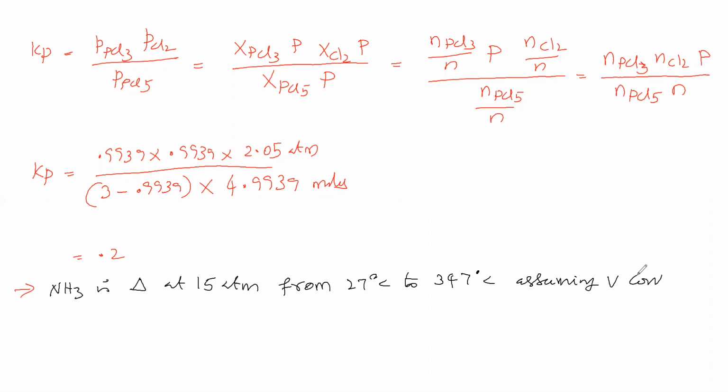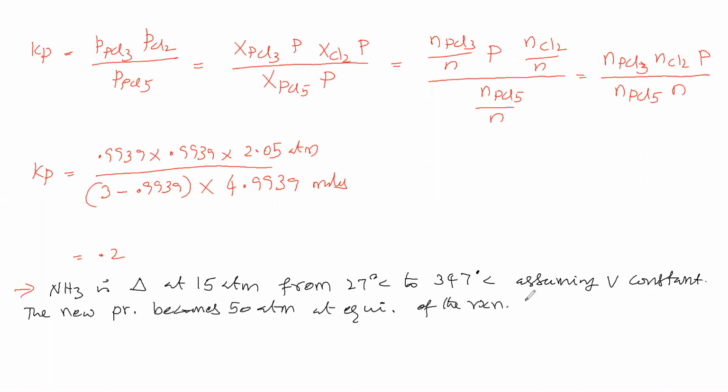The new pressure becomes 50 atmosphere at equilibrium of the reaction 2NH3 gives N2 plus 3H2.